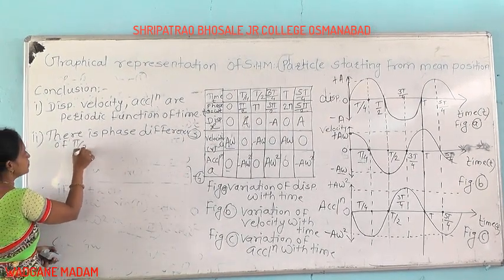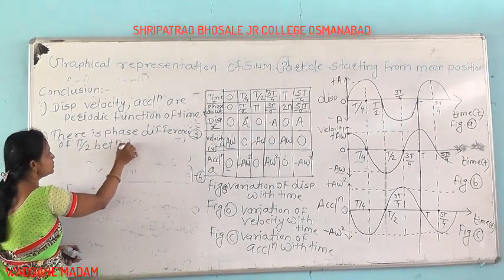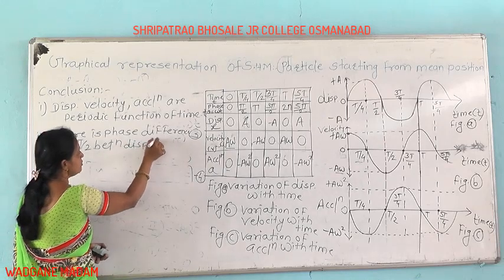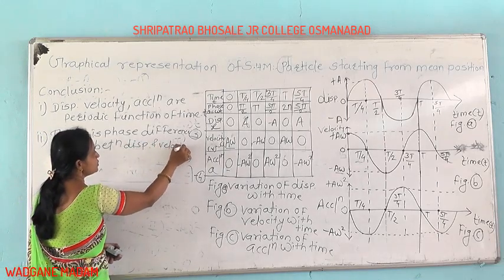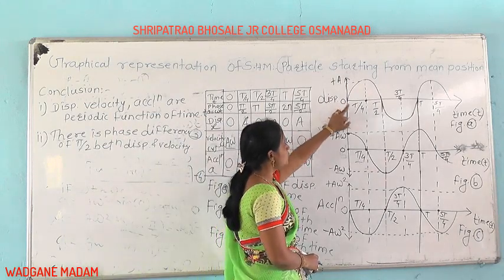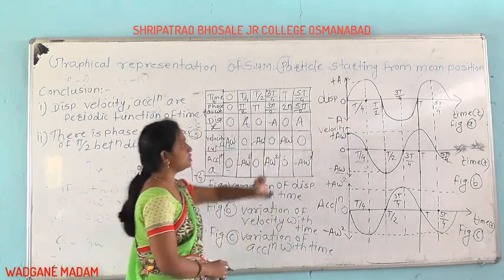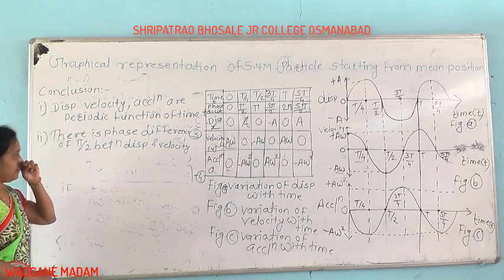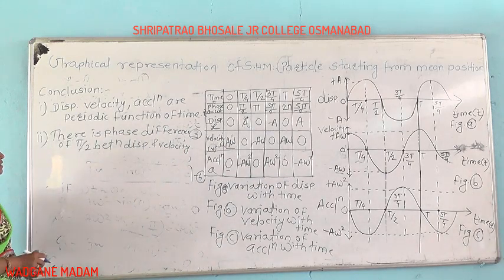pi by 2 between displacement and velocity. There is a phase difference of pi by 2 between displacement and velocity. One starts from 0 and the other starts from the extreme position. Therefore, there is a phase difference of pi by 2 between displacement and velocity.